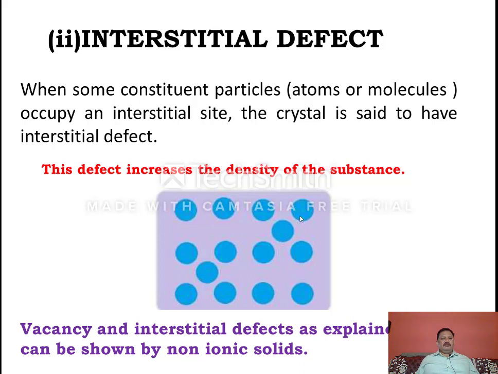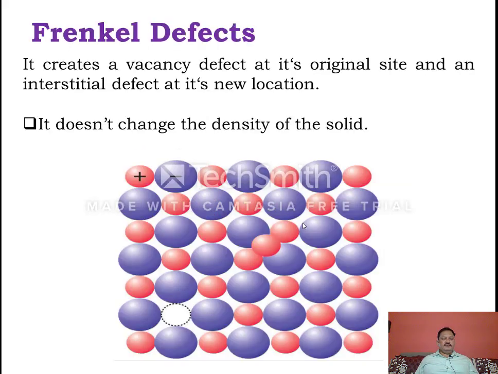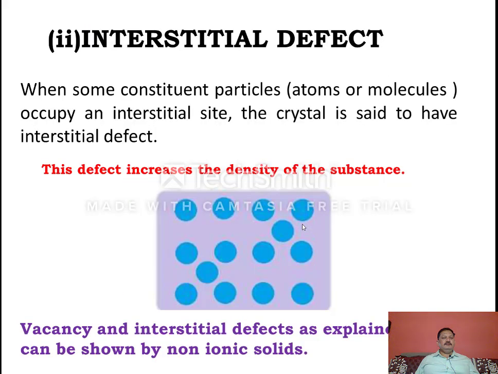Wherever there is a space between the atoms, one extra atom is going to be settled there. This type of defect is the interstitial defect. This interstitial defect is going to increase the density of the material. Vacancy defects and interstitial defects both come under stoichiometric defects.